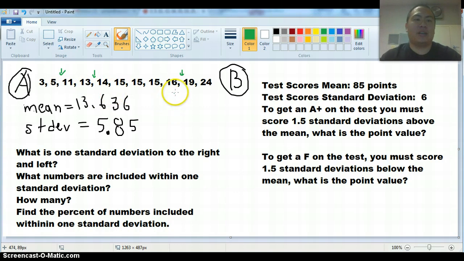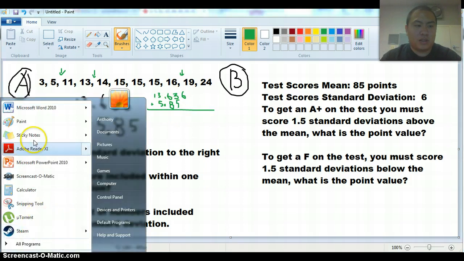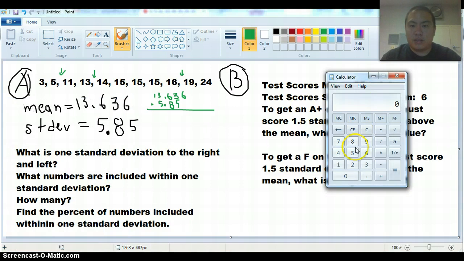Let's calculate it. One to the right would be 13.636 plus 5.85. I'm going to use a calculator so I don't make a mistake here. 13.636 plus 5.85 puts me at 19.486.